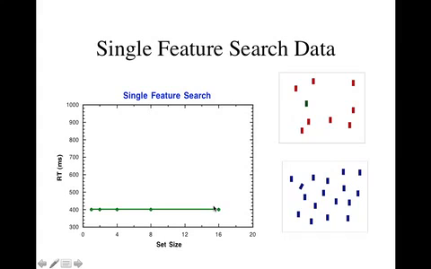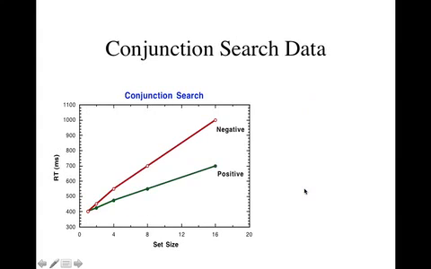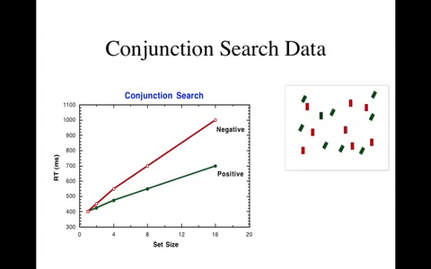This is sometimes called pop-out search. The idea being that you don't really need attention in order to detect that there's something that differs on the basis of one property. However, conjunction search is a whole different ballgame. If you have to detect, in this case, the upright green item, that might require quite a bit more time because it's a conjunction of two properties.